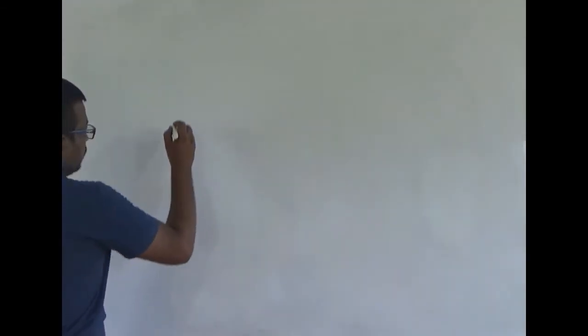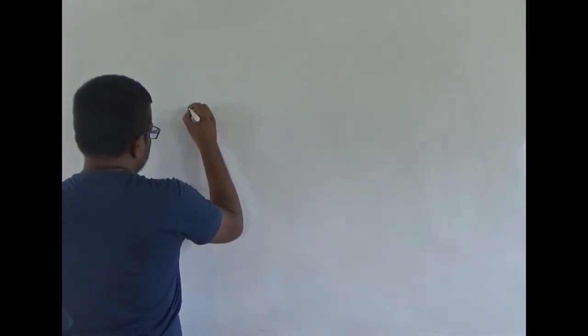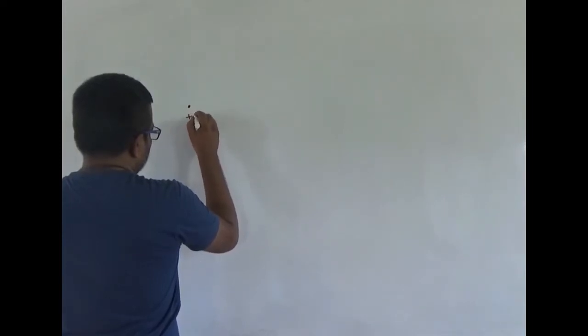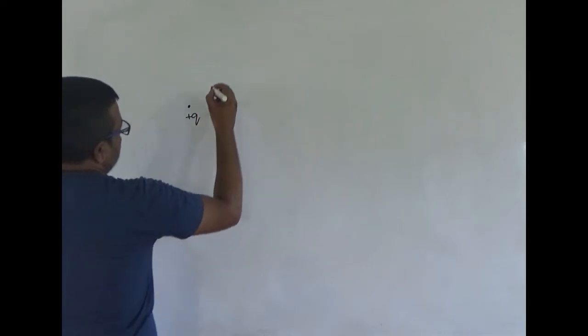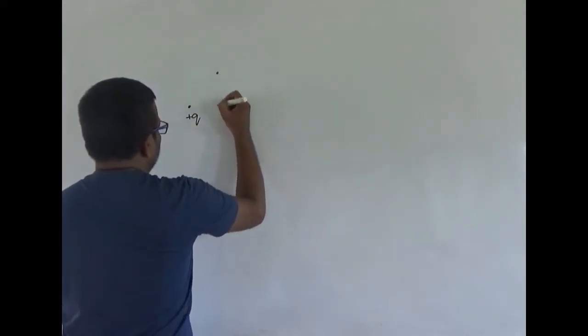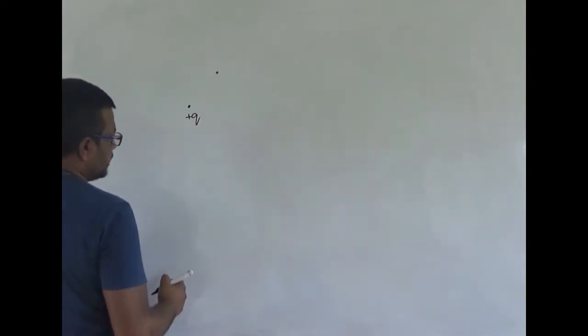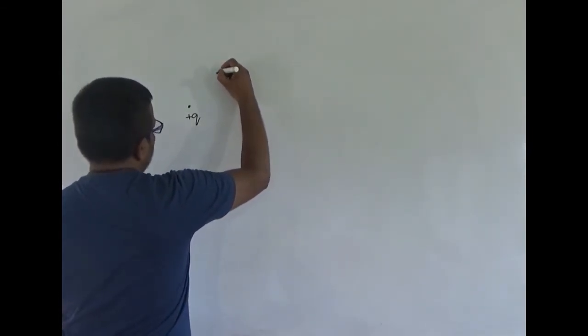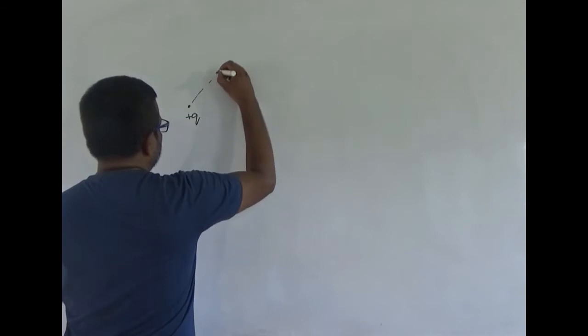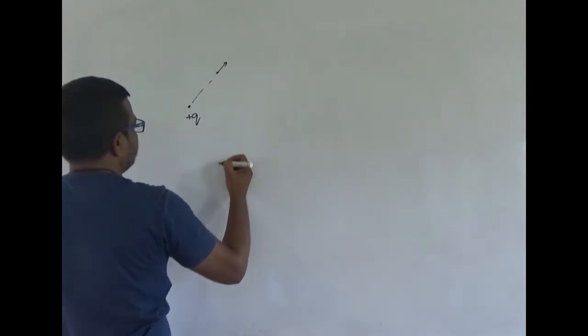Let us take a point charge. This is a plus Q charge. Then if we place here a unit positive charge, then the force experienced by this unit positive charge will be along this direction.